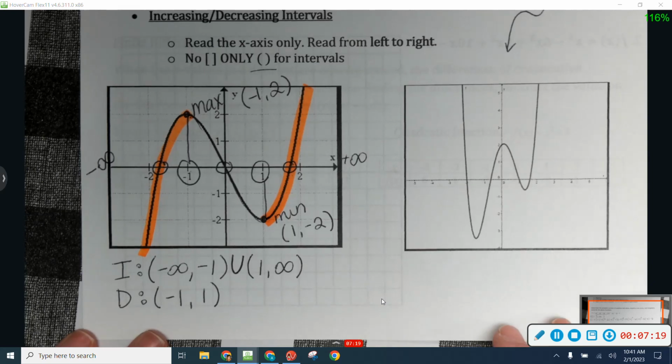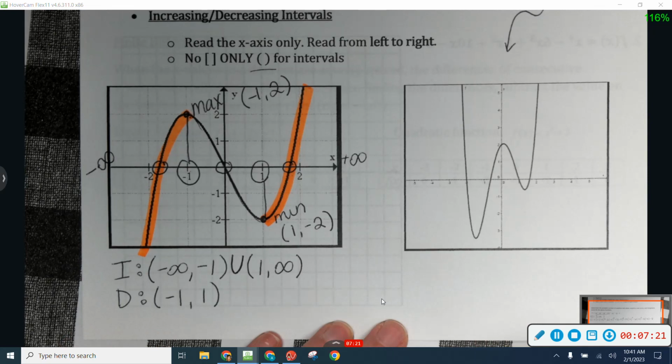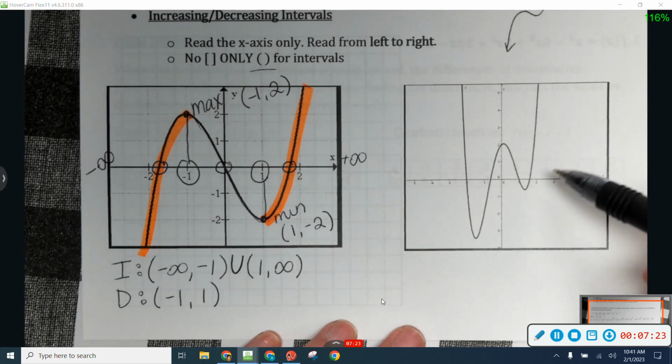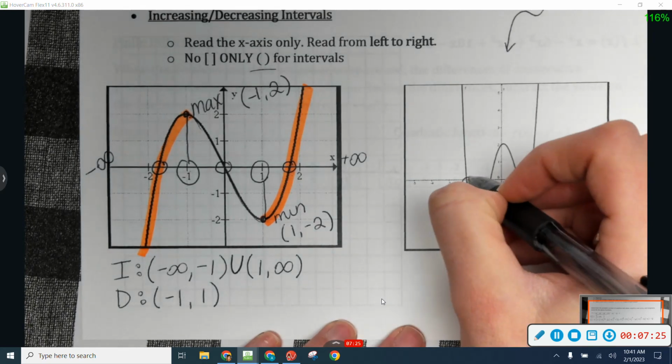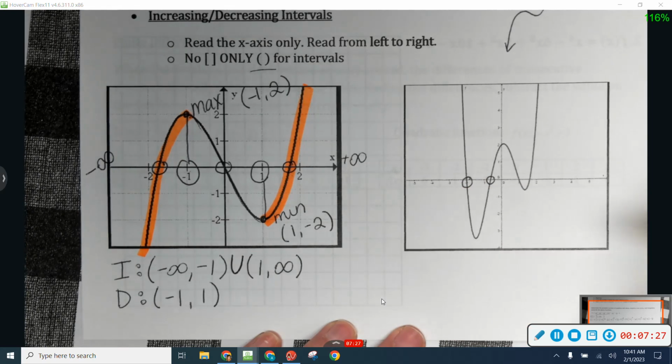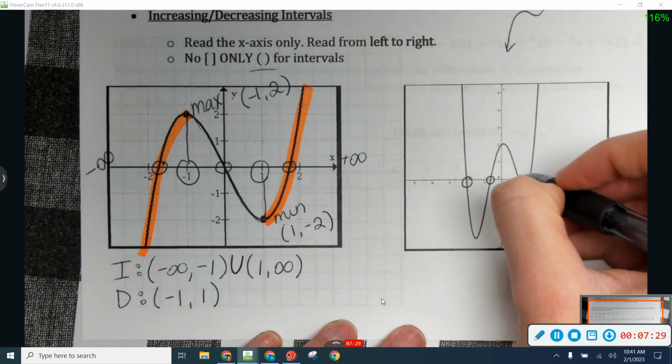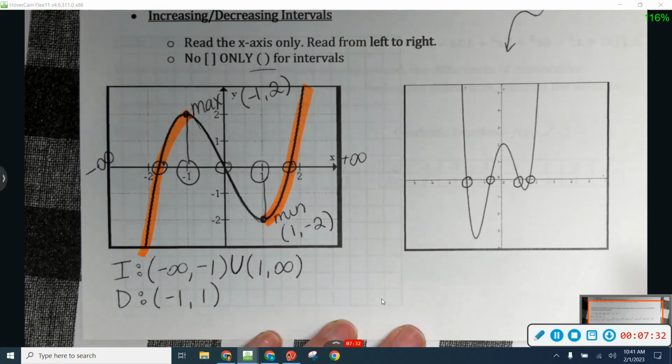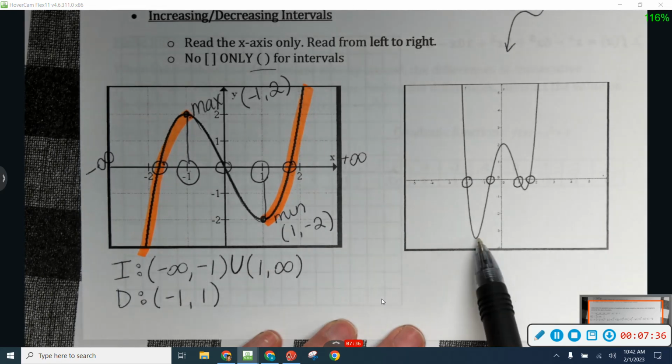Okay? Alright, so if I look at this next graph, I have an x-intercept here, an x-intercept there, x-intercept, and x-intercept. I have 4 x-intercepts. Okay? And I have how many turning points? 3.